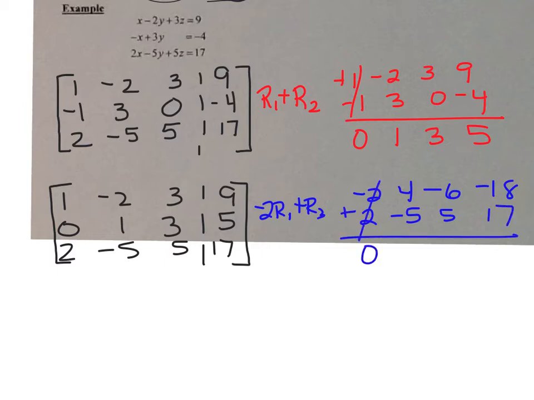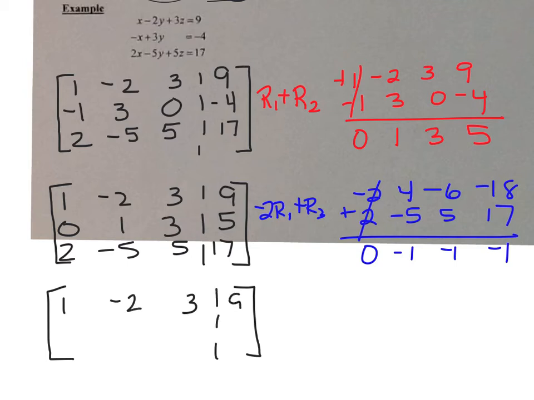And together we get 0, -1, -1, -1. Okay, let's rewrite our matrix. So I have 1, -2, 3, 9. 0, 1, 3, 5. And now my new row 3, which is 0, -1, -1, -1. Okay, so I'm just going to move my stuff up.